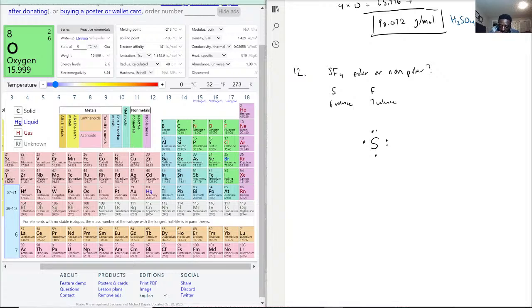Now this is the part that unfortunately comes down to memory, because there are some elements that don't really care about the rule of 8, as in wanting to have 8 electrons. Sulfur just says, you know what, I honestly don't really care, let me accommodate everybody around me.